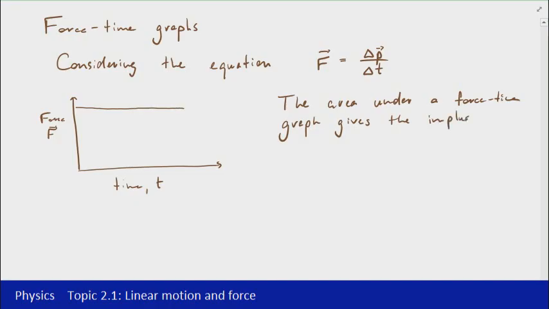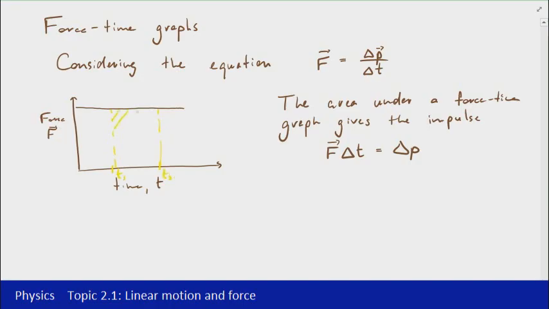And again, rearranging that equation, we can see that F delta T is going to give us that value of delta P. So on this graph on the left here, let's say we were looking at the time from this point to this point, from time T1 to time T2.